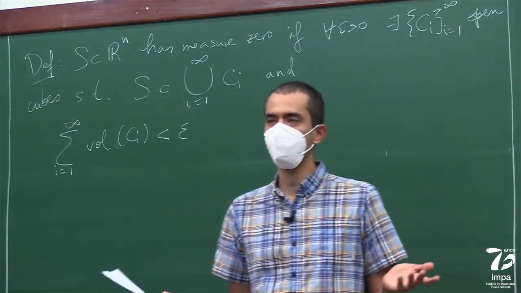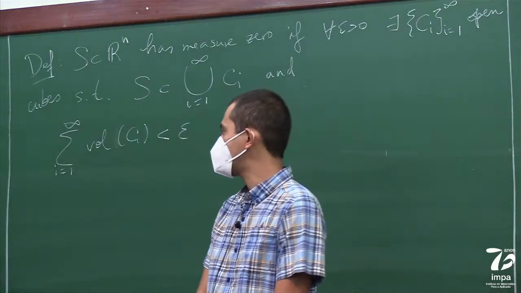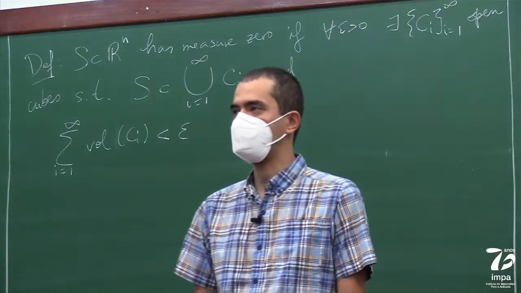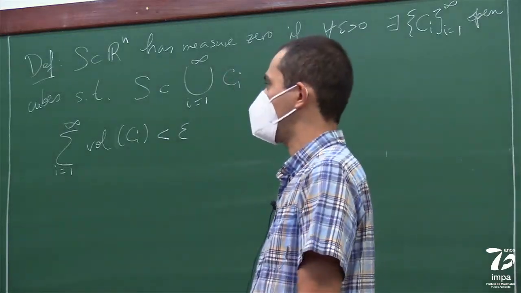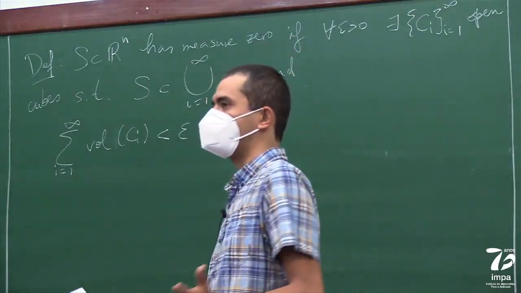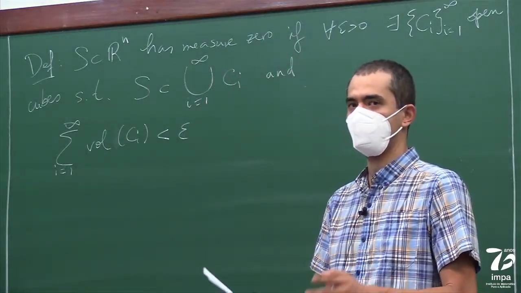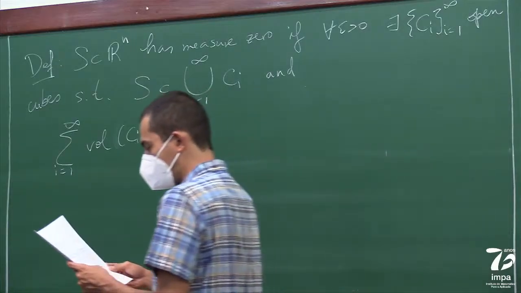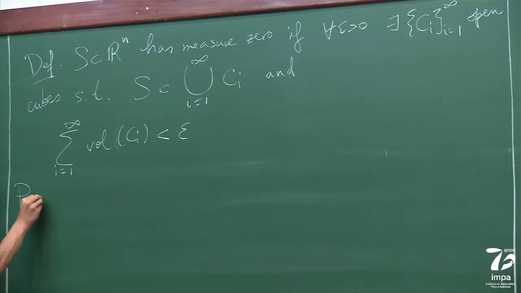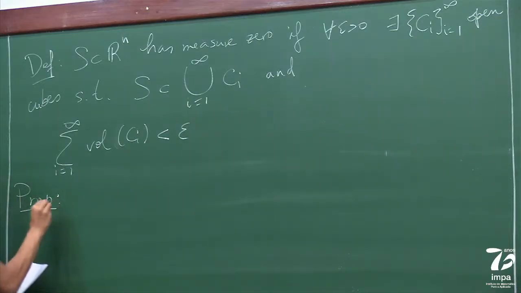And of course, I think most of you have studied measure theory before and know that you can actually talk about measures of a lot of sets in Rn, and measures that are not 0. But I'm not going to talk about that. It's completely unnecessary. But what I can tell you is, well, before that, let's just look at some properties of measure 0 sets.